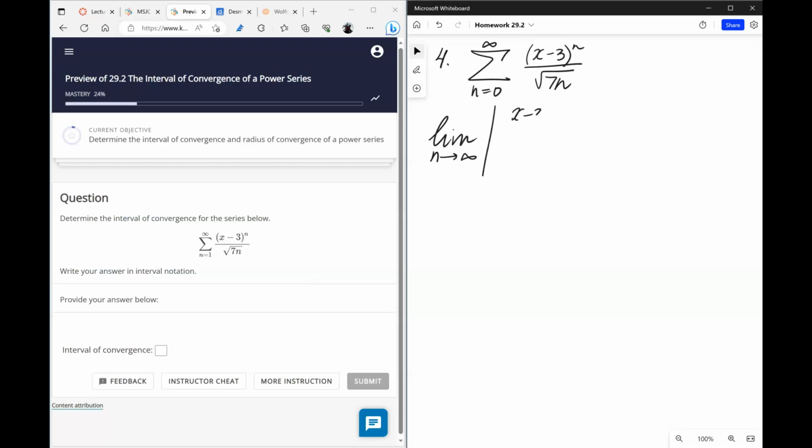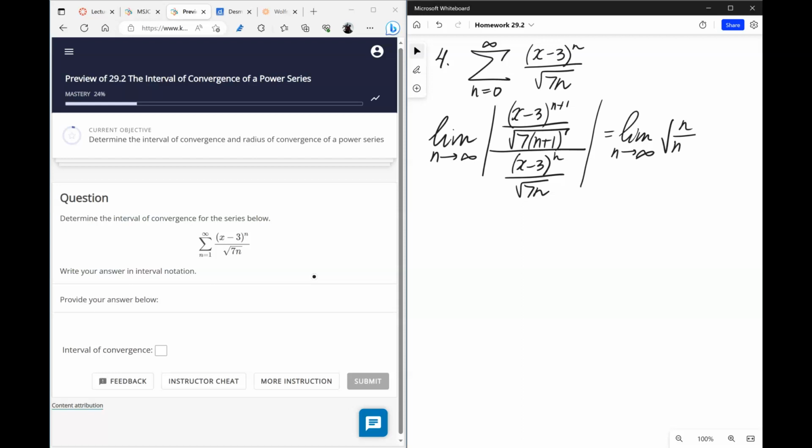So we're going to take the n+1th term divided by the nth term, simplify, and the limit of this radical is just 1.